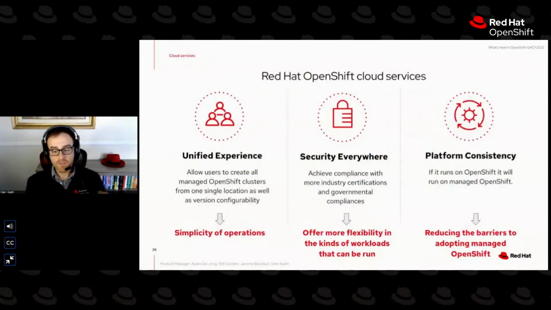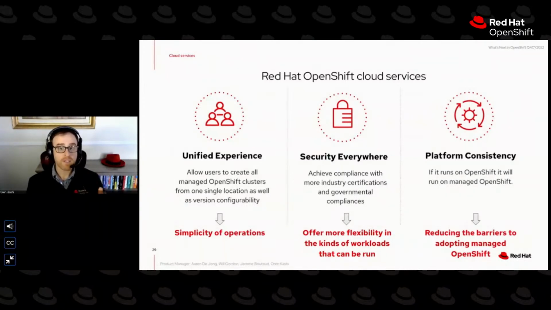So as part of our cloud services portfolio, you might be already familiar with our managed OpenShift services, and we have a number of themes that we are directly working on here. One is a unified experience, and this is about improving the availability of creating and managing OpenShift clusters from a single source.